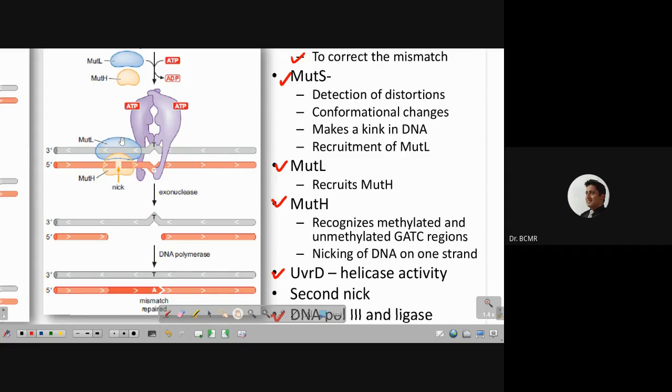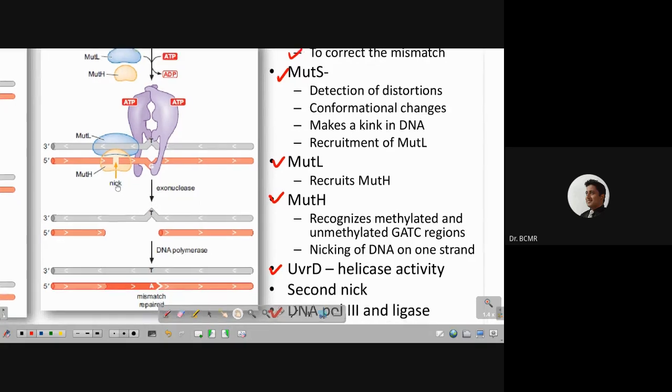That is how the repair mechanisms have evolved to repair the mutation or mismatch that happened in the new one. That is a beautiful thing. Otherwise, the evolution of these repair mechanisms would have been promoting mutations instead of removing them. Okay, I hope you understood that.